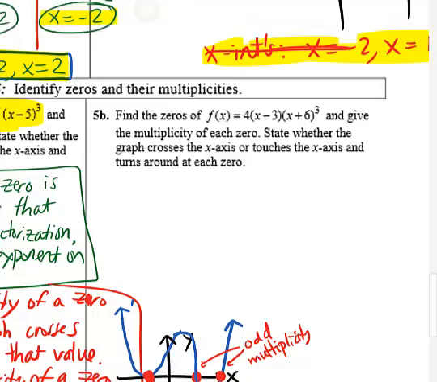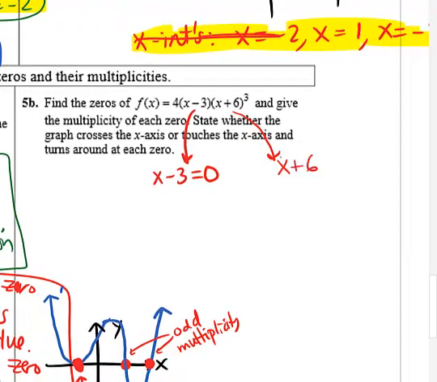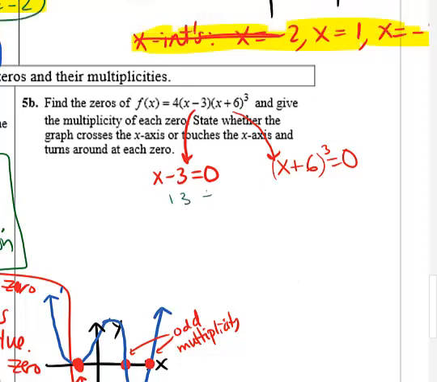So I know one 0 is going to come from this factor, x minus 3. I'm going to set that equal to 0, and you can actually do that in your head, like I said. So for x minus 3, I'm just going to add 3 to both sides. There's one.